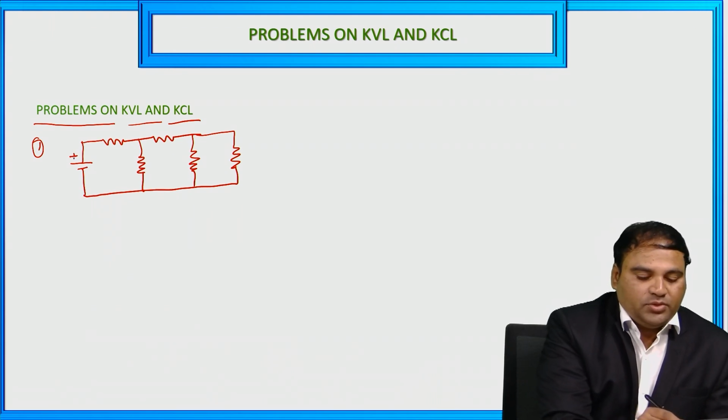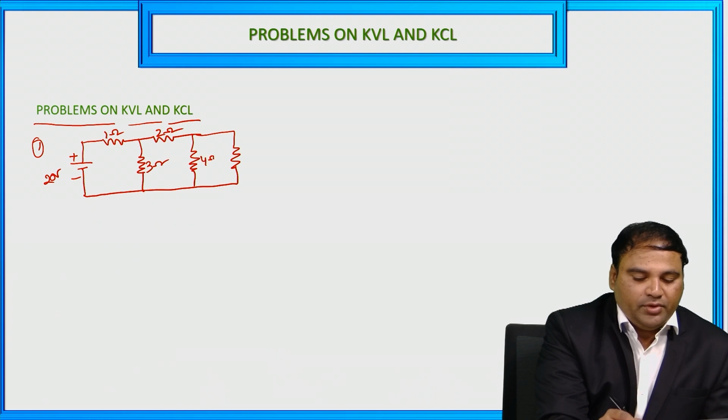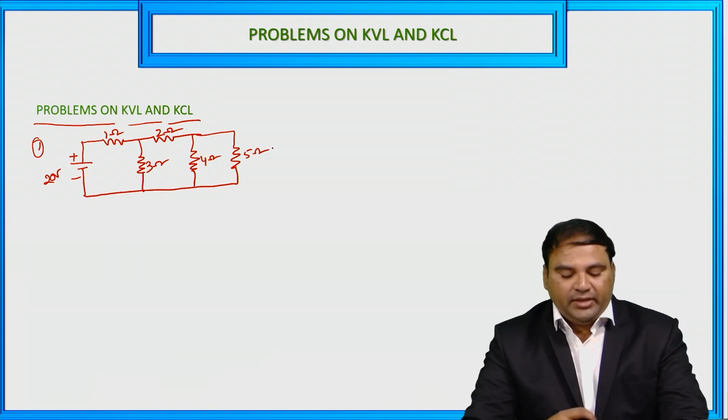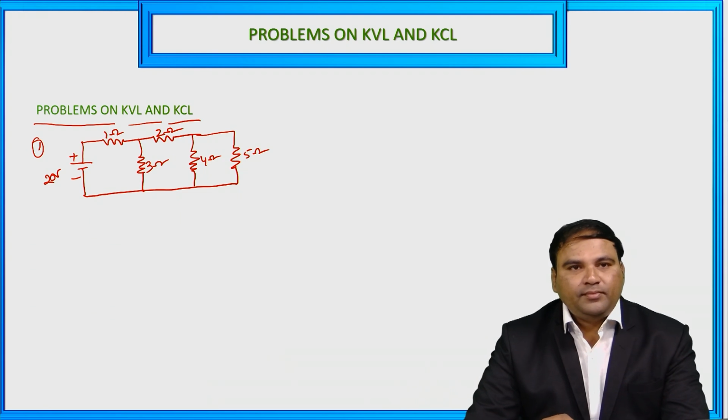The source voltage I am taking as 20 volt, and this is 1 ohm, and this is 2 ohm, this is 3, 4 and 5 ohm. So we have 3 loops here. In the given circuit, the total number of loops is 3, so the required currents are 3 here.